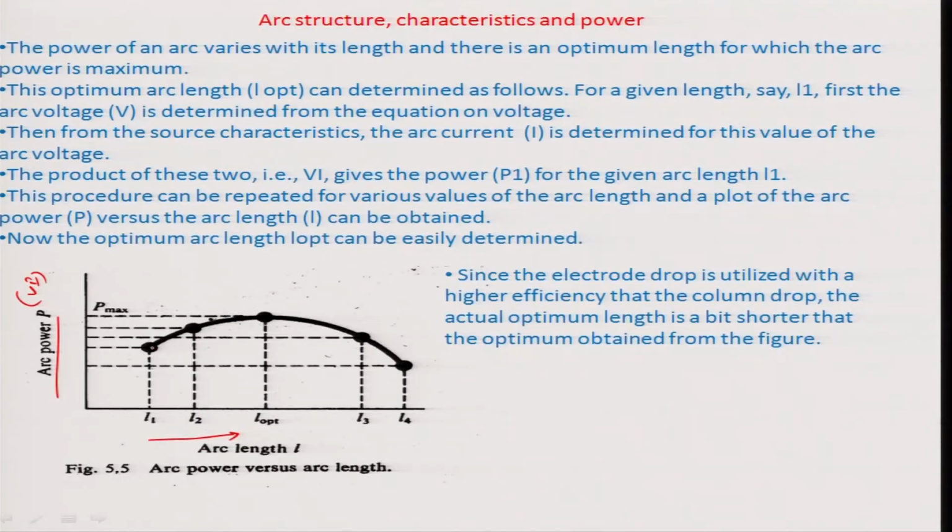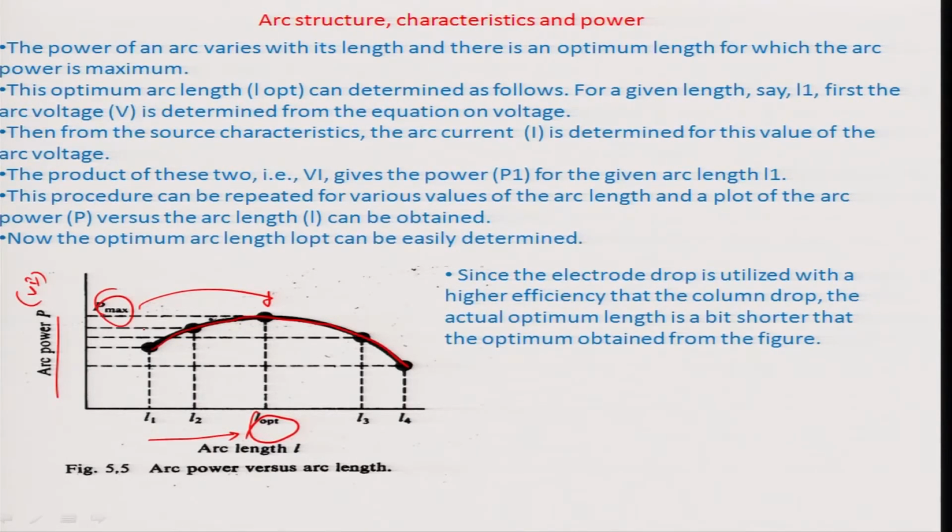The curve comes like an inverted curve like this, and then there is an optimum power at which you should always operate, and there is an optimum length corresponding to this optimum power, for you to have maximum power used effectively and dissipated in a least manner.